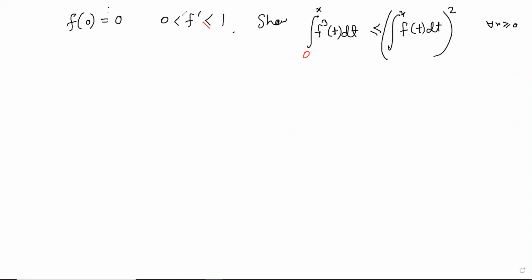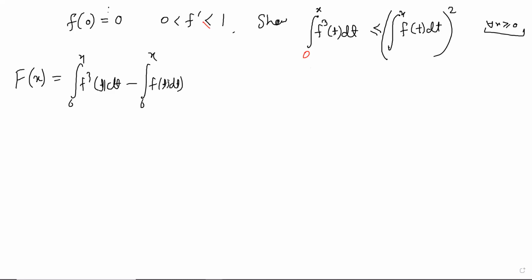What I'm trying to say is that you want to show that this is greater than zero for all x, right? So if you just consider this function, because you want to show something for all x. And when you want to show inequalities related to these kinds of things, it should be the first approach.